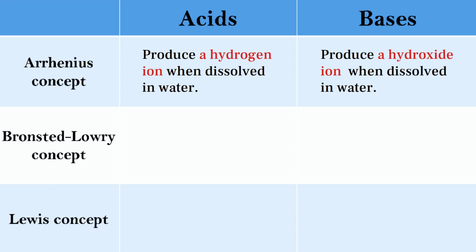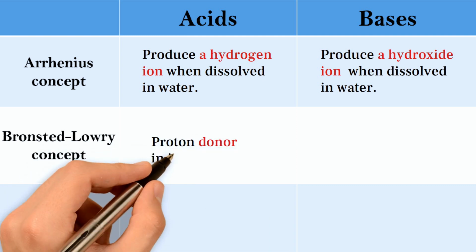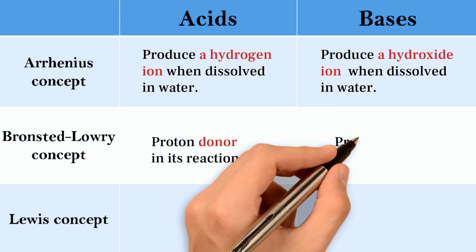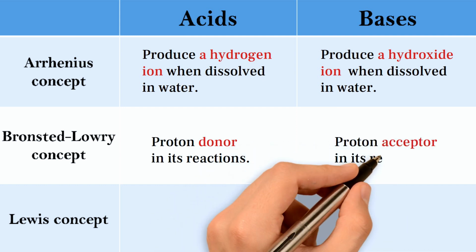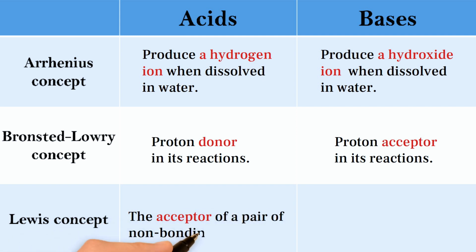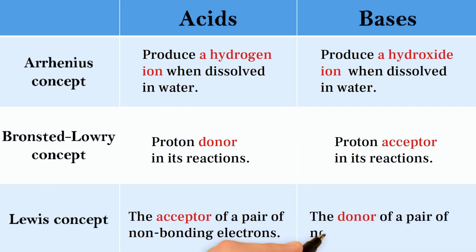Brønsted-Lowry identified the acid as a proton donor in its reactions, while the base is a proton acceptor in its reactions. Lewis defined the acid as the acceptor of a pair of non-bonding electrons, while the base is a donor of a pair of non-bonding electrons.